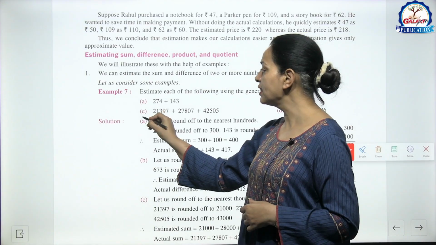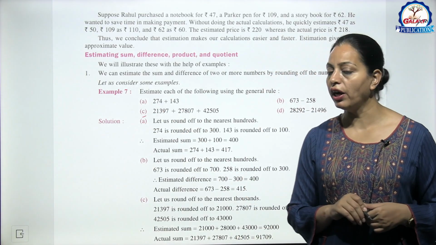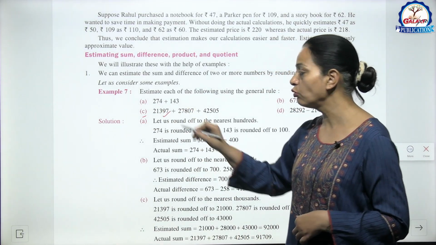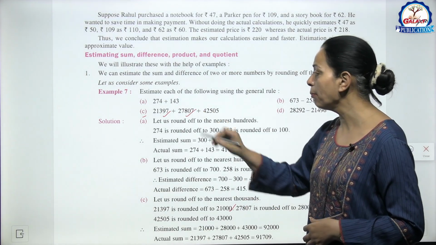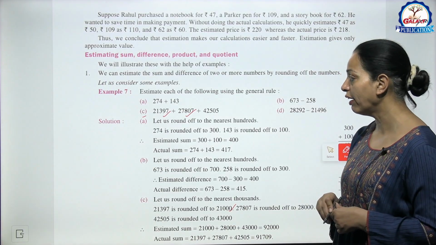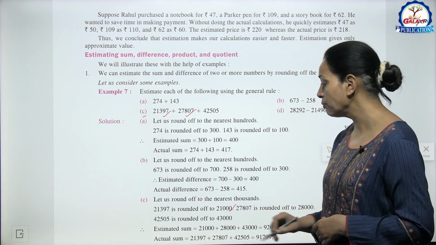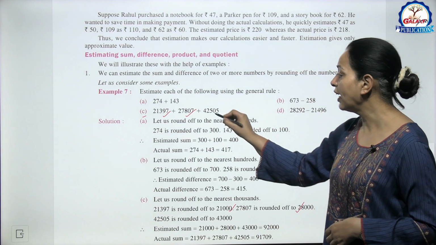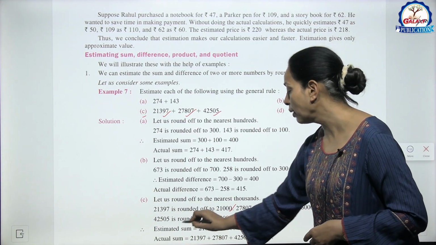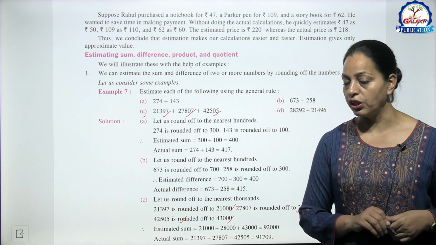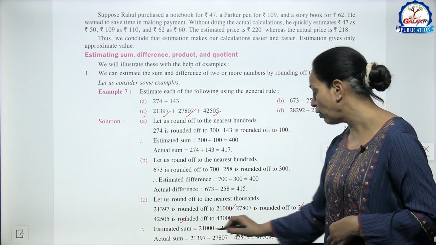Now see this C part. 21,397. So round it off, you will get 21,000. Then this number, 27,807, becomes 28,000 and this, 42,505, becomes 43,000, right? Now what to do? Add all these.